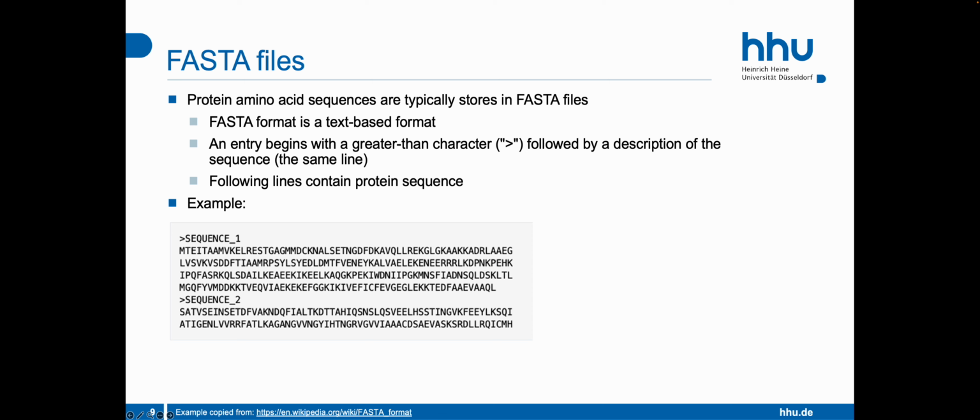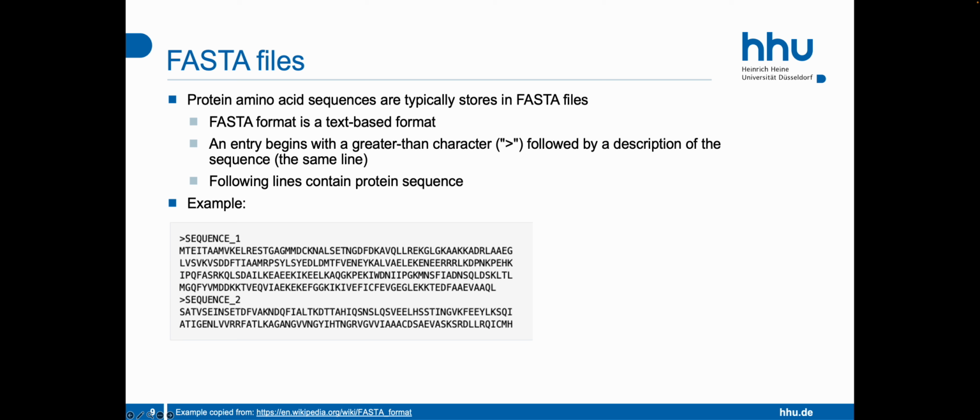In this example on this slide, you can see that it simply says sequence 1 and sequence 2, but in principle, we could add any information we want about the protein to this line. In the following lines, we have the amino acid sequence of the protein. Each line usually contains no more than 80 amino acids, but this is just a convention and can be different. All amino acids, until the next entry starts with a greater than sign, belong to the same protein.